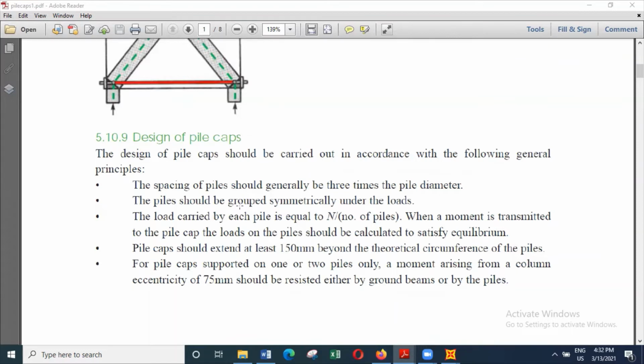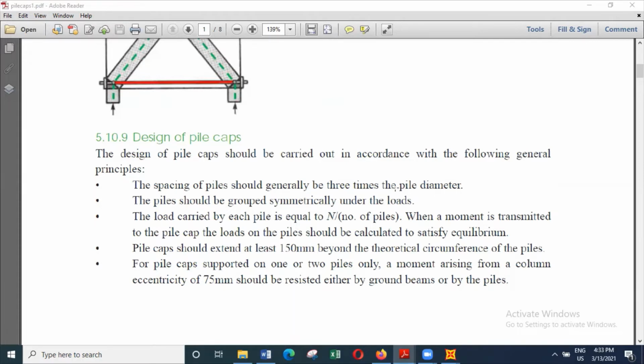But if these two piles are very close, then when you are breaking the rock to make the socket, there is a chance that you might damage the pile that you have already completed, because you are crushing the rock very close to a pile that has already been cast. So that is not a desirable situation. Because of that, a certain distance is recommended between two adjacent piles.